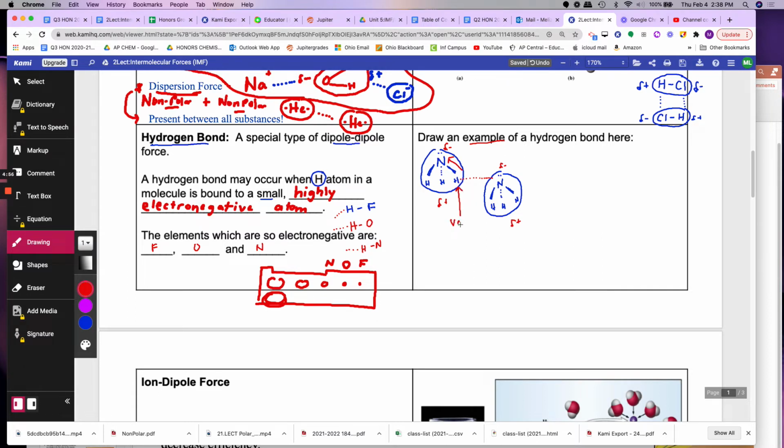So here are the two ideas: very positive, very small, which means the nucleus is exposed. The nucleus of the hydrogen is exposed, which is actually a positive charge.